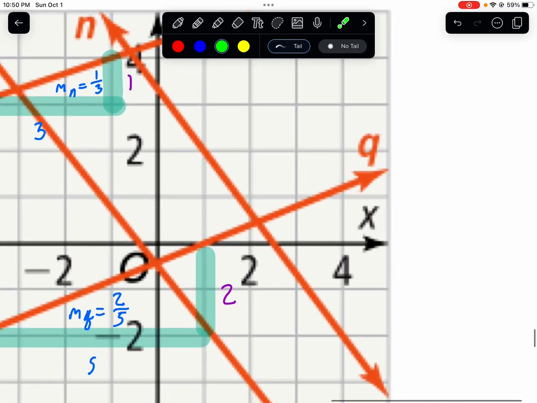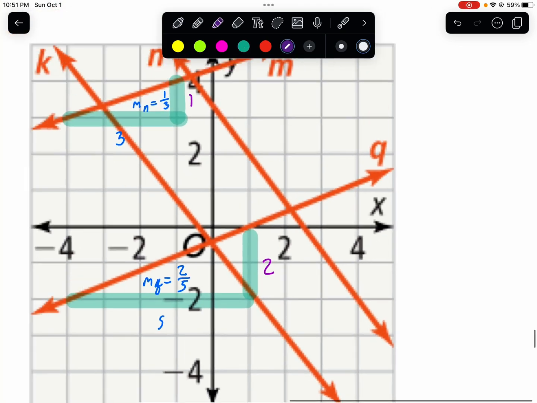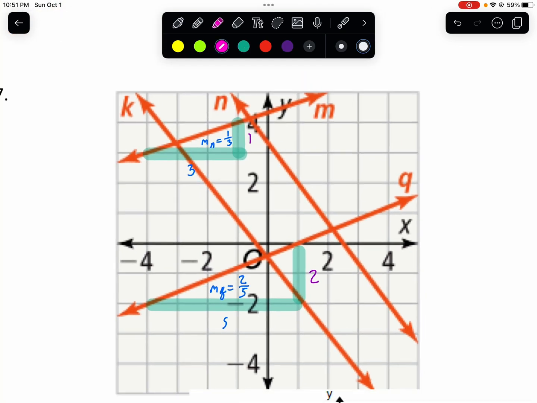Let's take a look at these two. Different color here so we can compare them. Let me pick pink actually. We're going to pick a point on the line. Goes down 4 and it goes over 3. This one starts here, goes down to here. This one goes down 4. 1, 2, 3, 4.